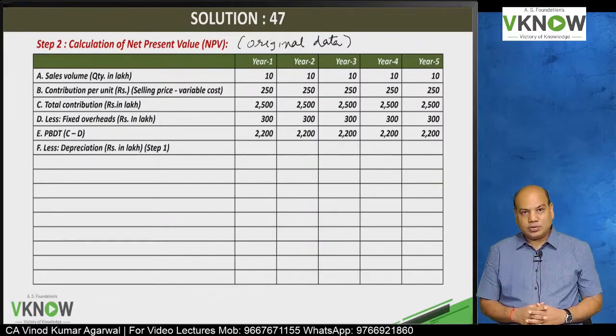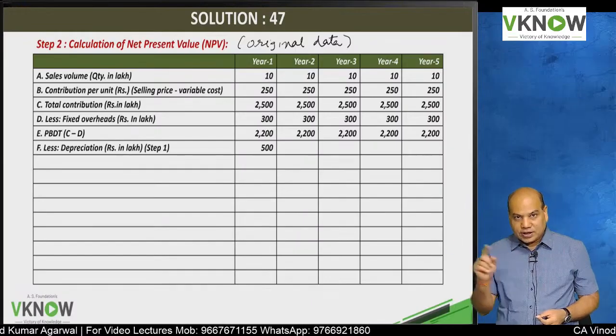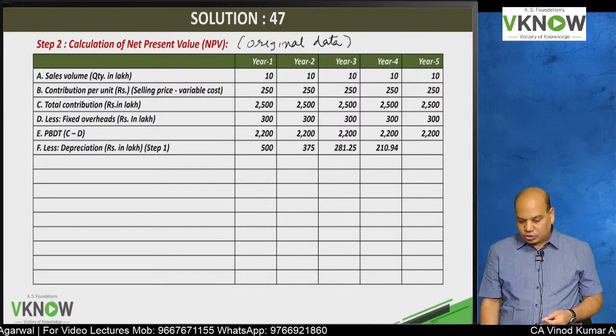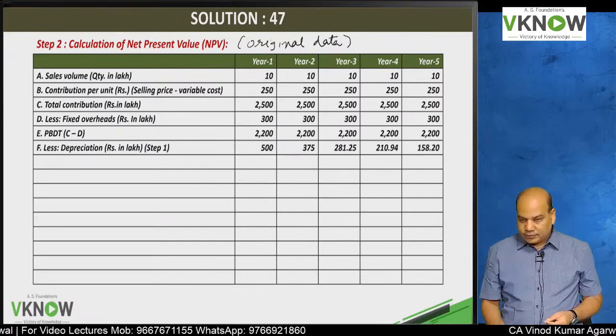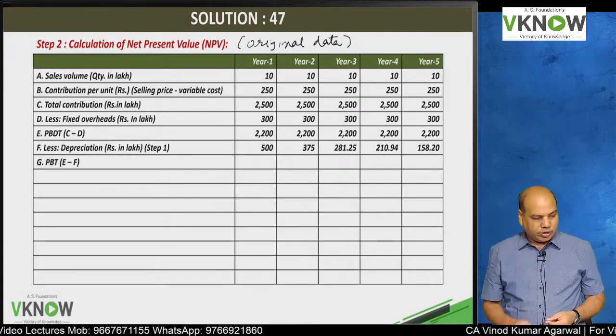Go to the previous step, step 1. Depreciation, second line: 500, 375, 281.25, 210.94, 158.20.